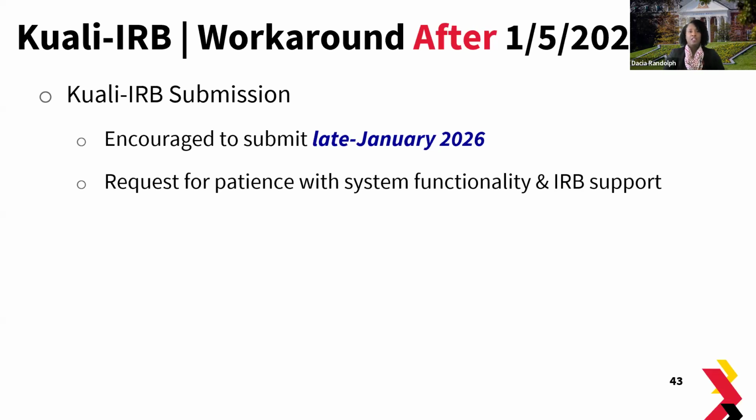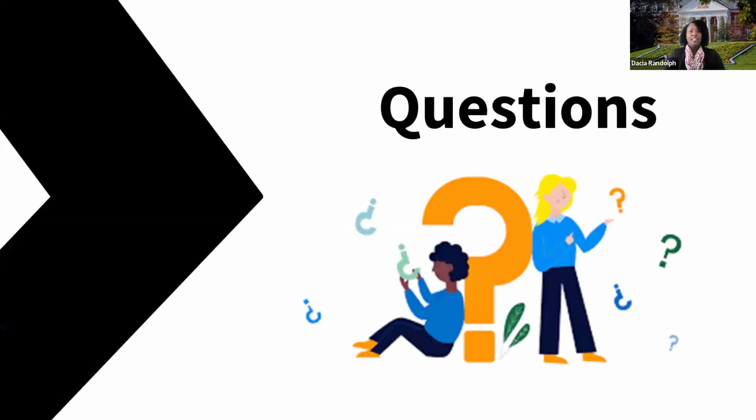They've indicated late January; I'm suggesting wait until February. They also humbly ask that you have a little patience with them, because this is a new system that has to talk to and connect with other systems. So fingers crossed that they are able to work all of this out during the blackout period. All right, any questions?